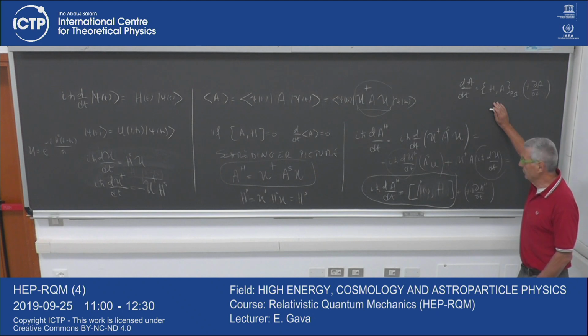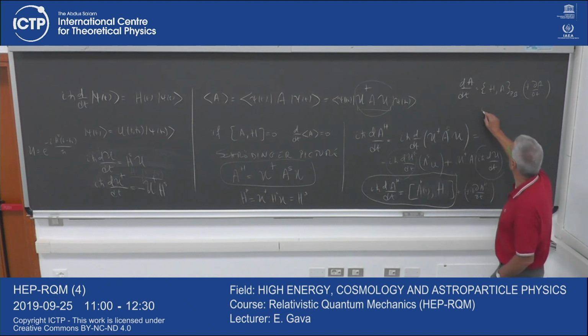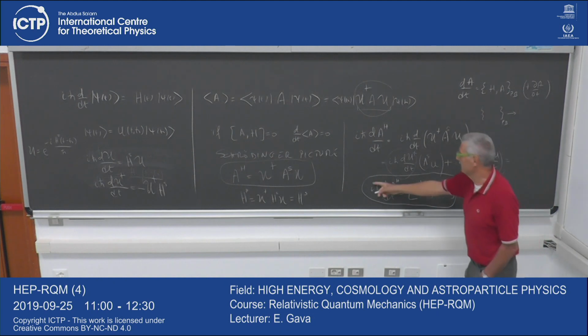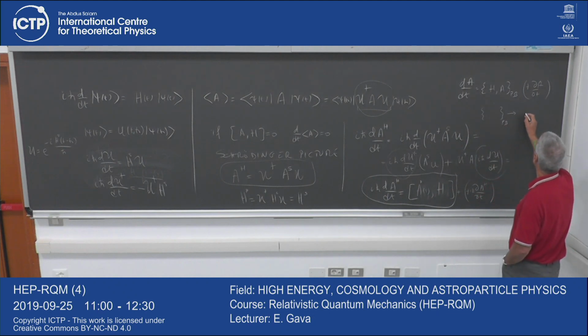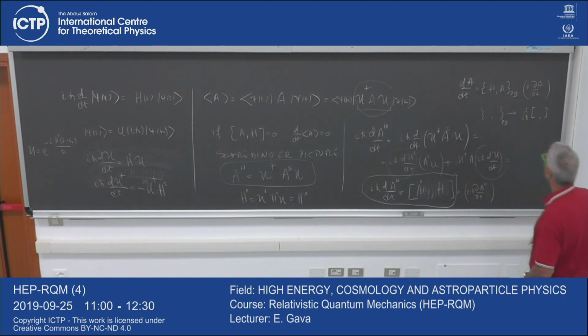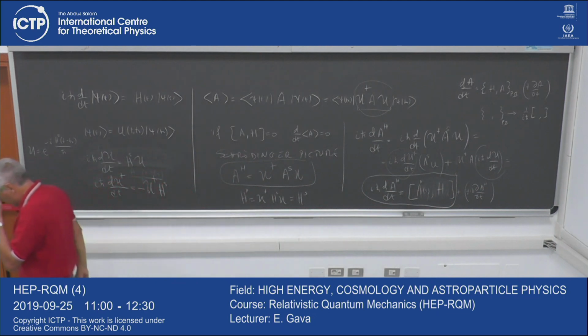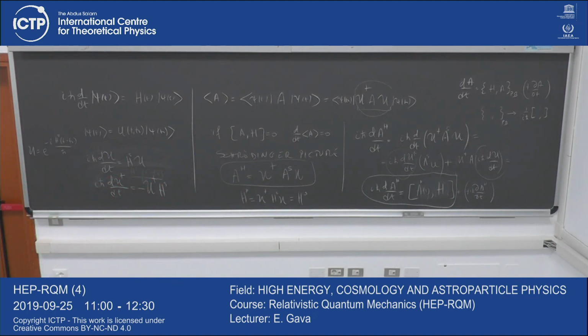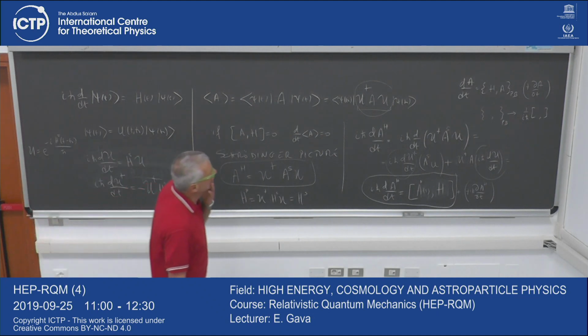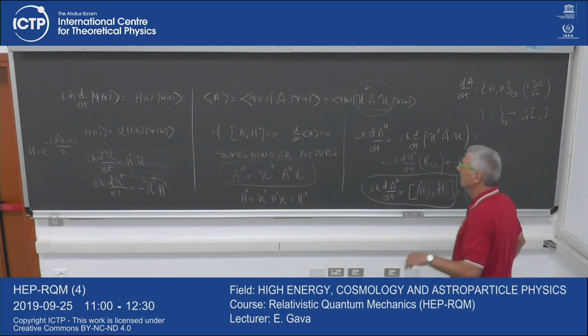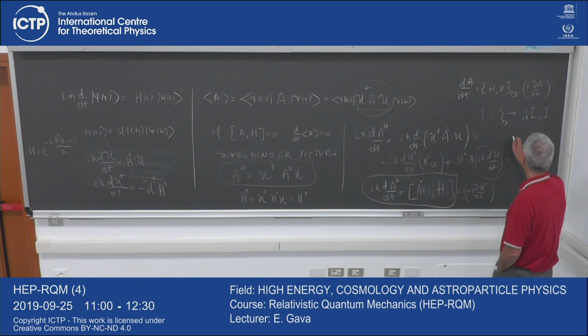As usual, the Poisson bracket is replaced by, if you take this on the other side, 1 over iħ times the commutator, right? So the structure is very similar to the classical thing. So this is Heisenberg's picture.